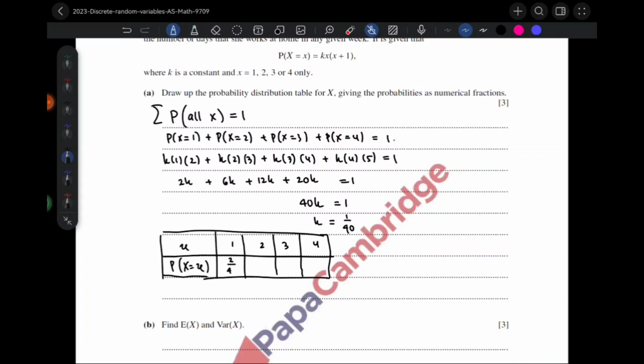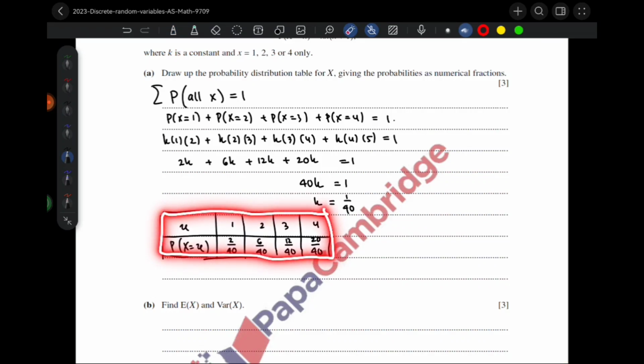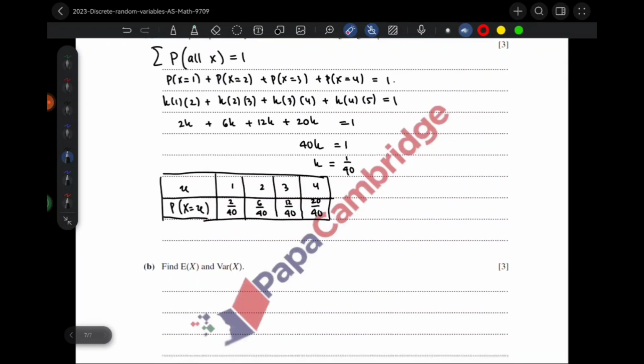I'm gonna still write it down like this. And probability X equals 2 equals 6 over 40. Probability X equals 3, 12 over 40. Probability X equals 4, 20 over 40. Okay, and if you doubt your answer, you can always check that the sum of these must equal 1.